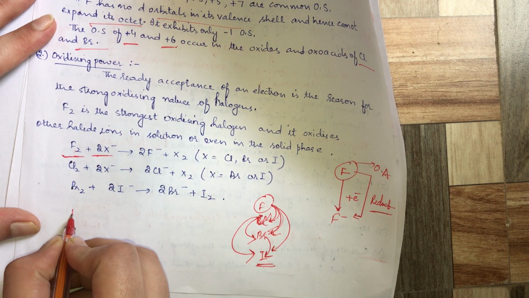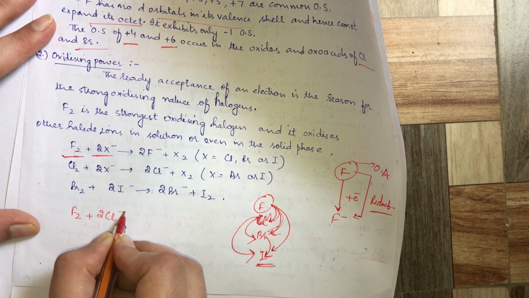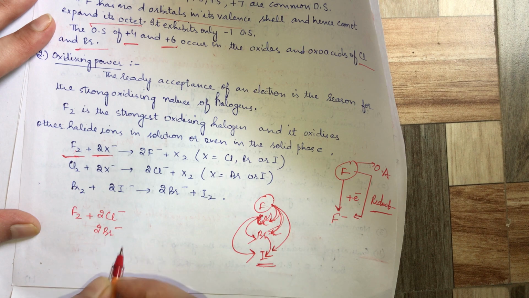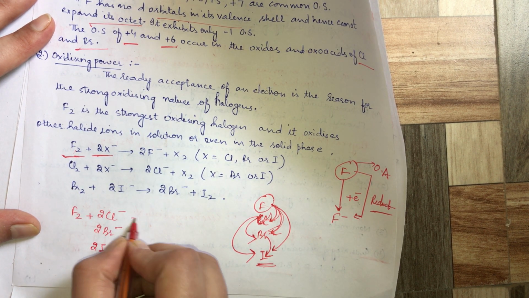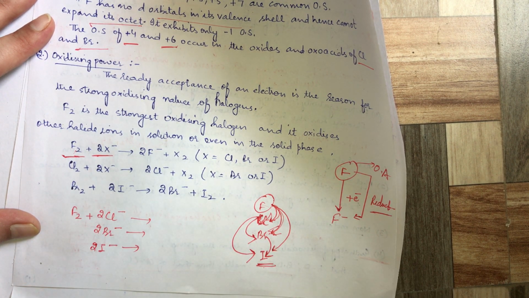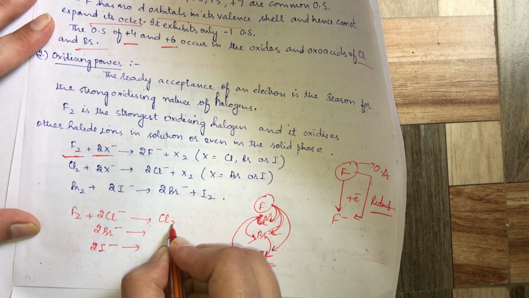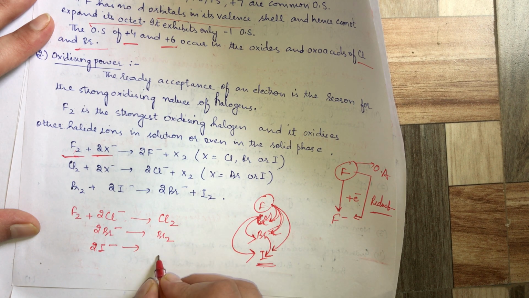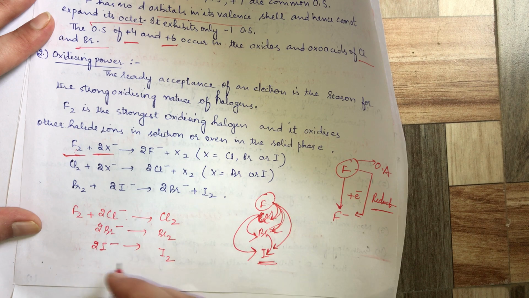So suppose we have fluorine. Fluorine will be able to oxidize Cl-, it will be able to oxidize Br-, it will be able to oxidize I-, thus itself getting reduced, right? So Cl- will be oxidized to Cl2, Br- will be oxidized to Br2 and I- will be oxidized to I2.